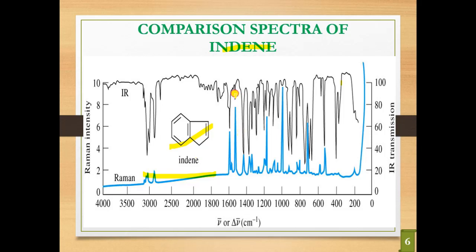Here IR gives a very weak band, but Raman gives a strong band at the same frequency. So sometimes we observe a peak at the same frequency, but with a different intensity because of the different transition.